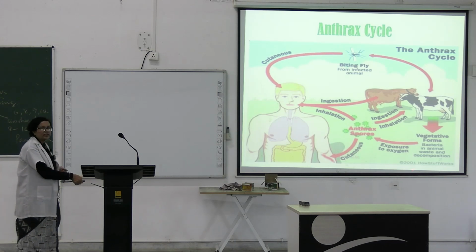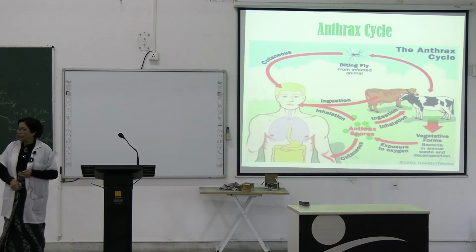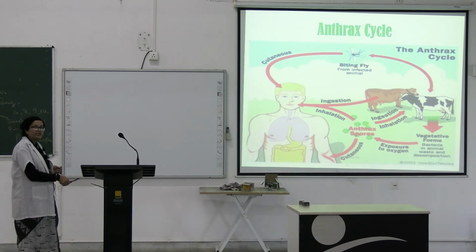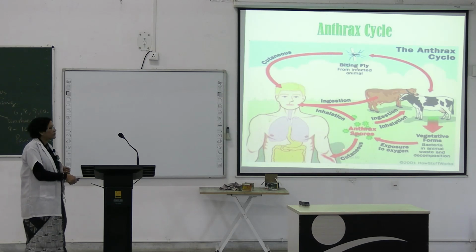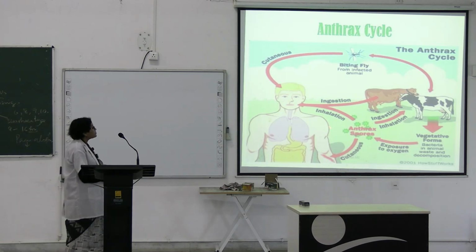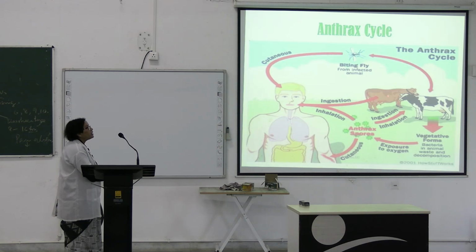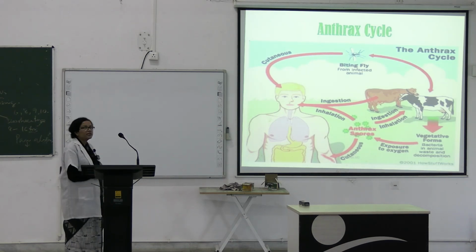See, if it enters a cut area, what will happen? There is eschar formation. What do you call a skin ulcer like this? Eschar, a black colored ulcer. And due to ingestion of improperly cooked meat, there may also be intestinal infection, and by the bite of a fly there is also a chance of infection.